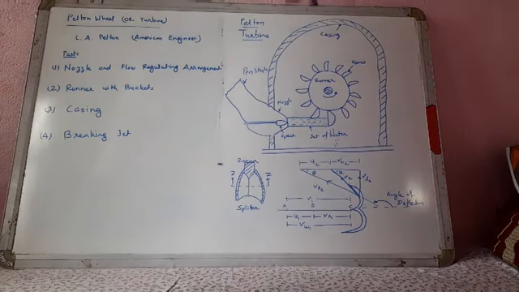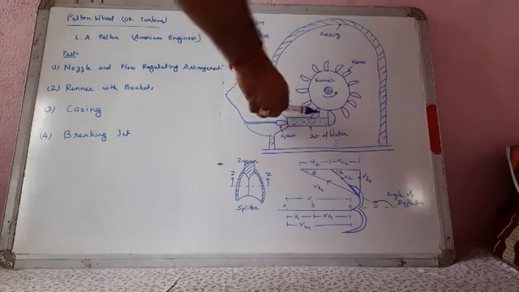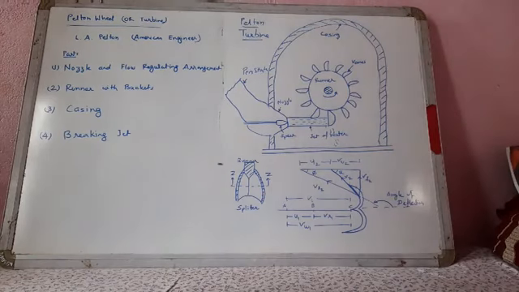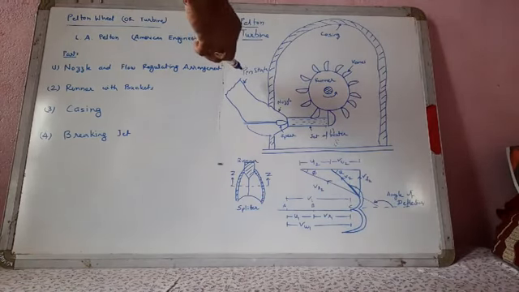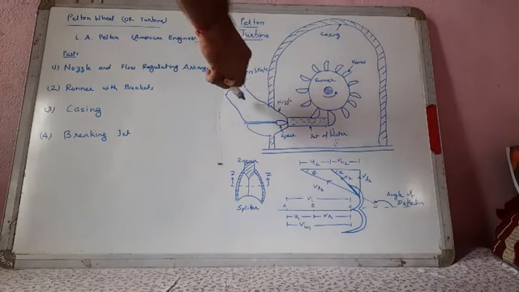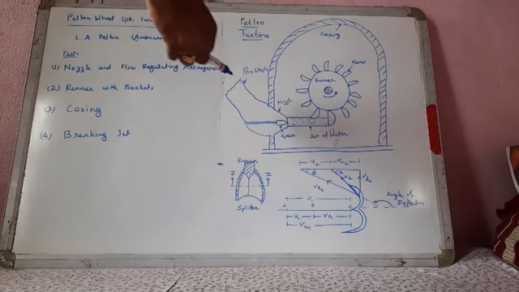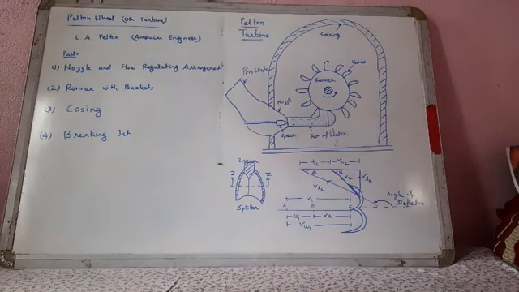This is the normal pressure range. Here no special pressure is provided, and it works only because of the kinetic energy of the jet, and the water is connected through the dam to the penstock and to the nozzle.